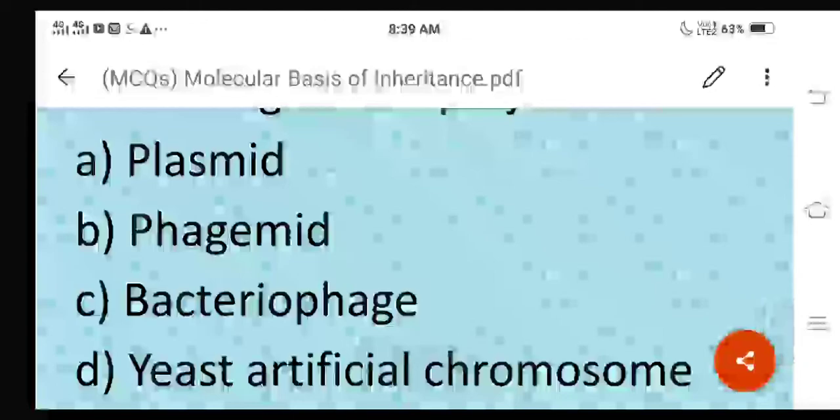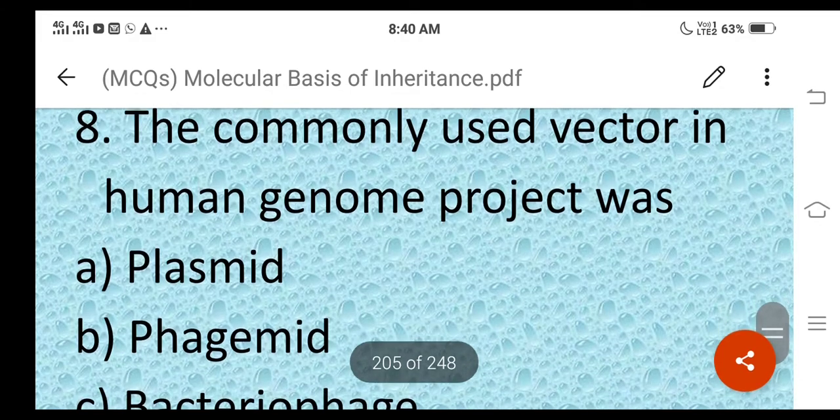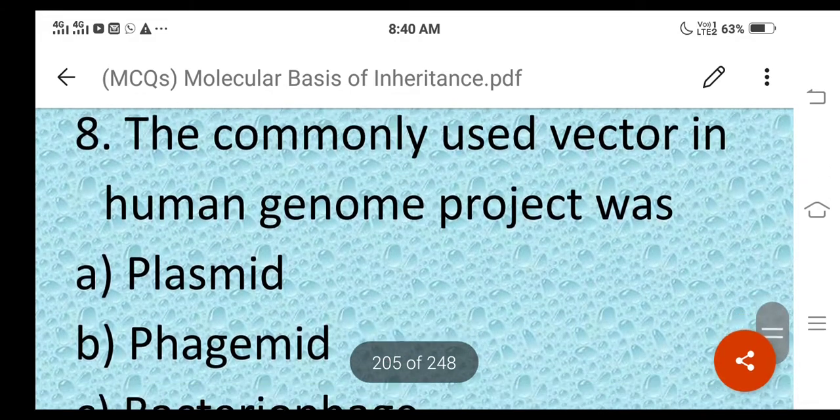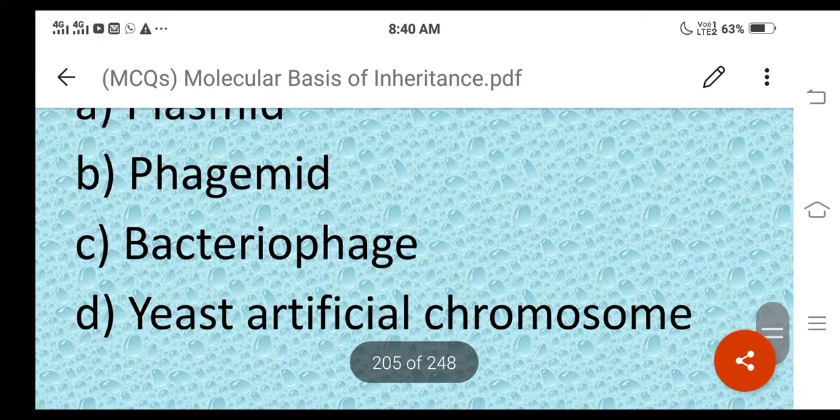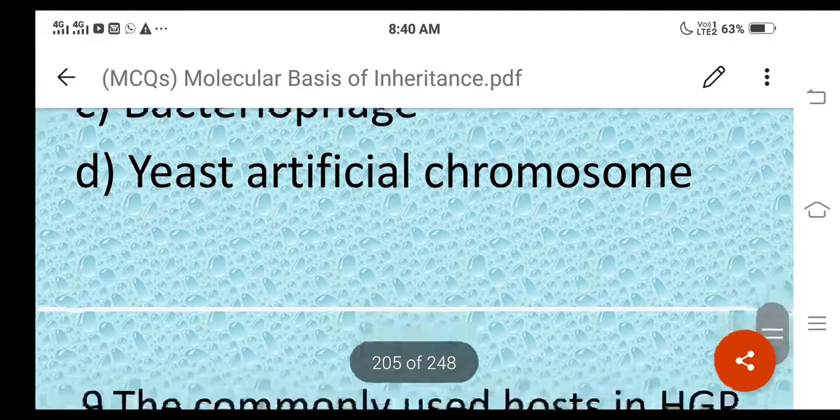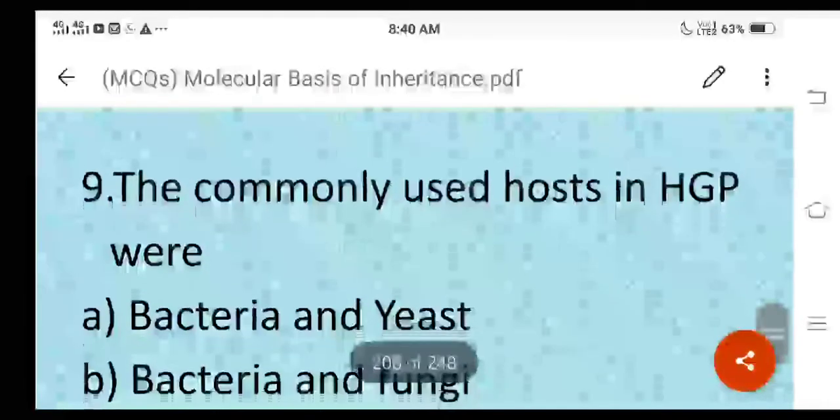The commonly used vectors in HGP are BAC and YAC, that is, bacterial artificial chromosome and yeast artificial chromosome. So option D is the correct answer. Then question number 9.